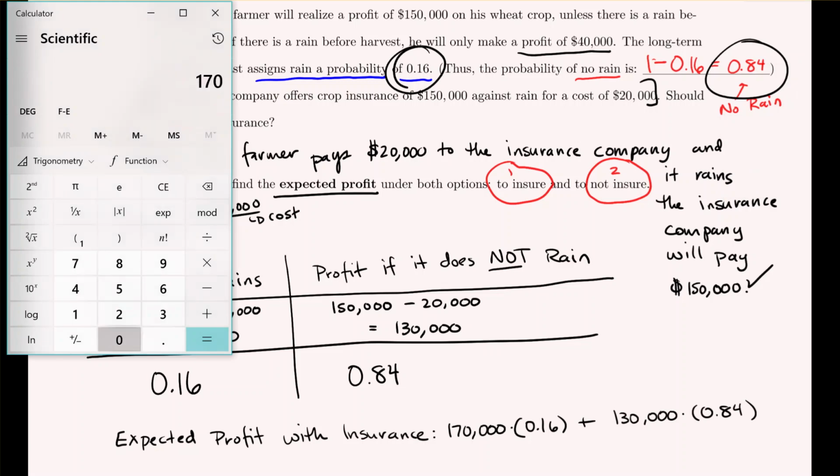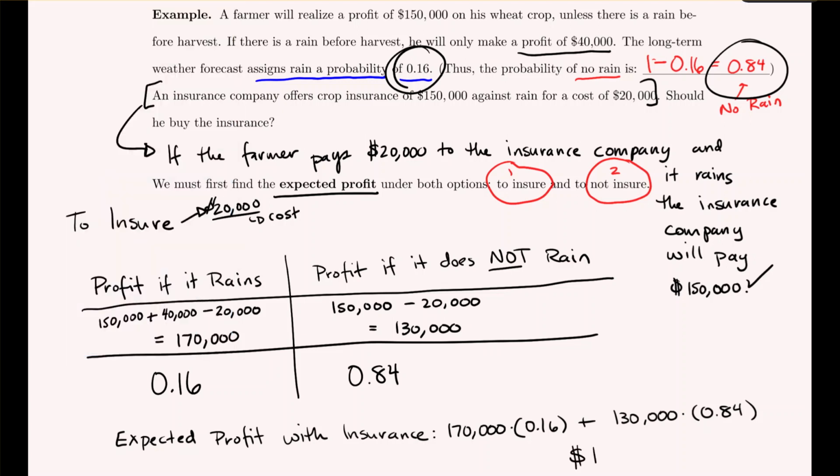So we have 170,000 multiplied by the likelihood of 0.16 plus 130,000 multiplied by the likelihood of 0.84, and we would get an expected profit of 136,400. So the expected profit with insurance is this amount.